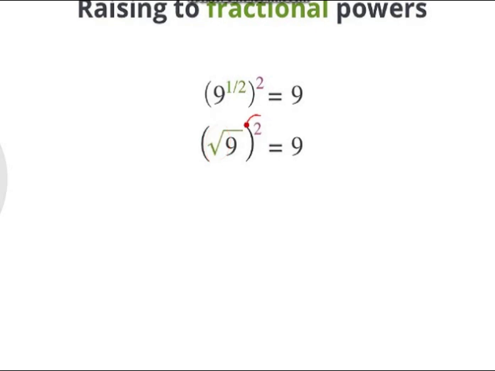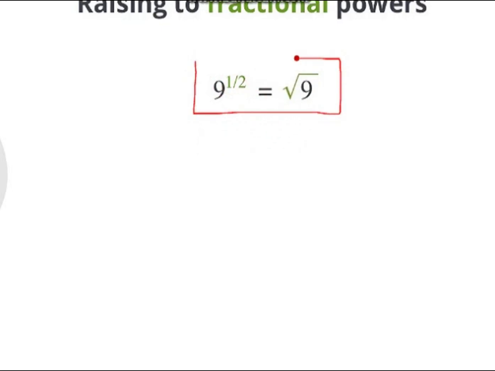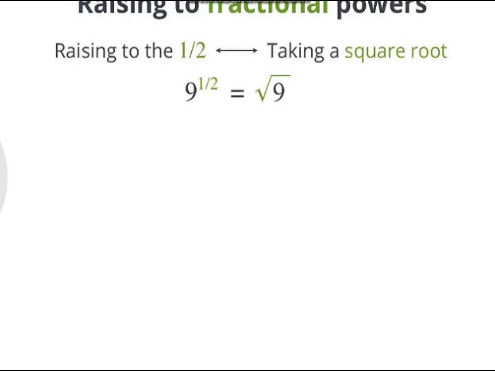Remember that square roots and squares cancel out, just like the exponents of 1/2 and 2 over here. So these two expressions here mean the same thing. In general, raising to the 1/2 power is the same thing as taking a square root.